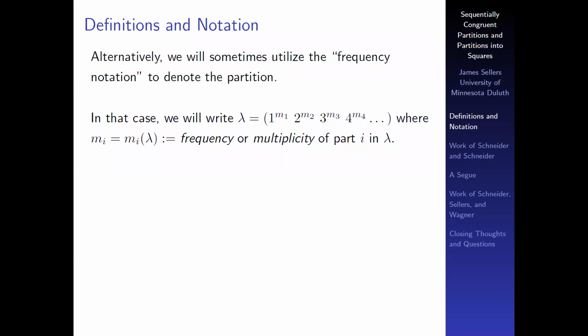And the superscripts will be the frequencies or the multiplicities of the parts. So if you have an I with a superscript M sub I, it means that the part I appears in lambda exactly M sub I times. And this frequency notation will be central to us later in the talk.